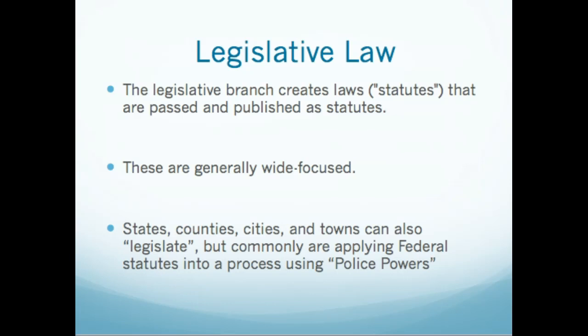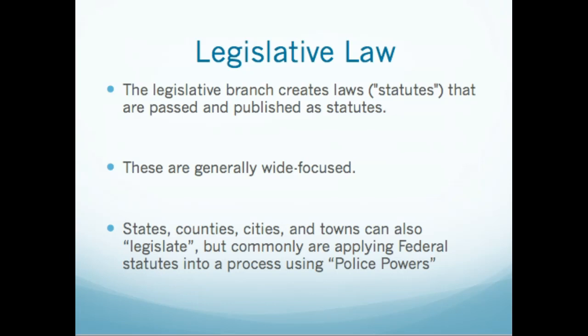States, counties, cities, towns, in Pennsylvania boroughs, they legislate too. They make their own rules, but commonly they're applying federal statutes in some form or another. So the state makes a law based on the federal law, and then the county makes their own law based on the state law, and then the towns and townships and boroughs make their own.